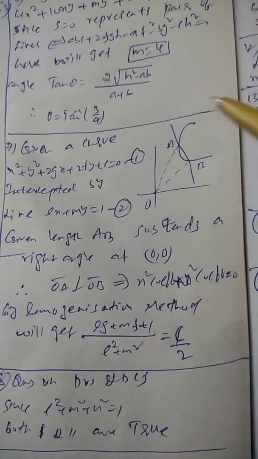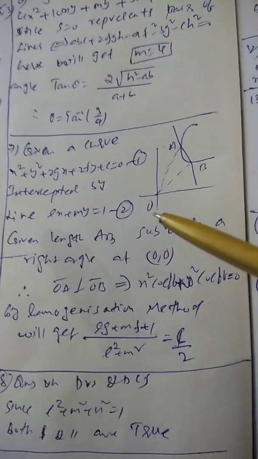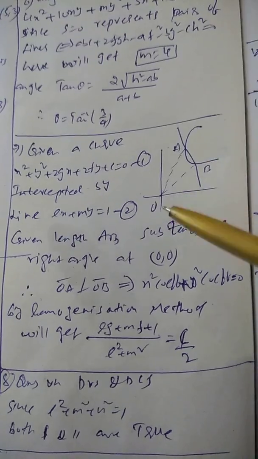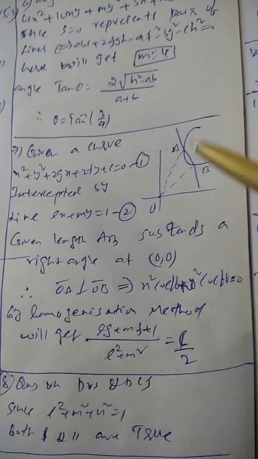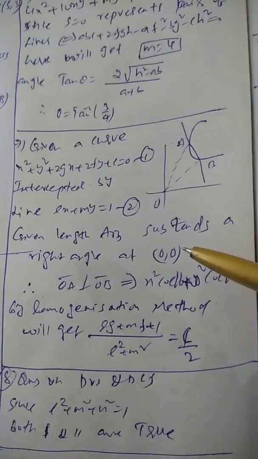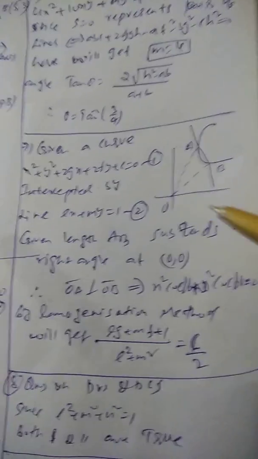A straight line intersects at 2 distinct points A, B, then the lines joining the origin to the points of intersection of the curve and straight line are OA bar and OB bar. Given OA bar and OB bar are perpendicular, this line subtends a right angle at the origin.